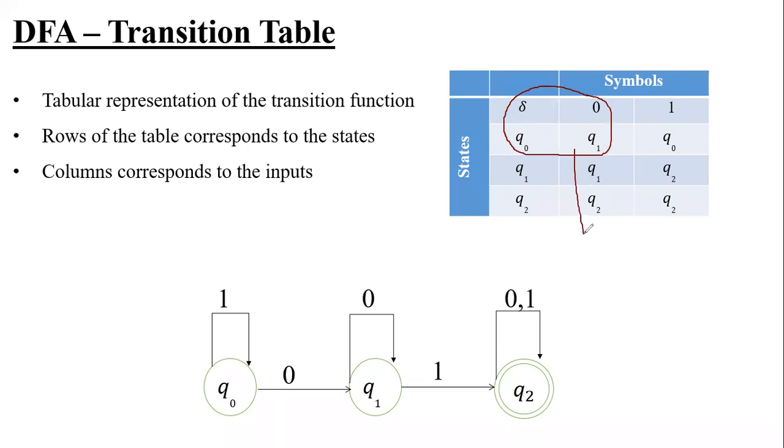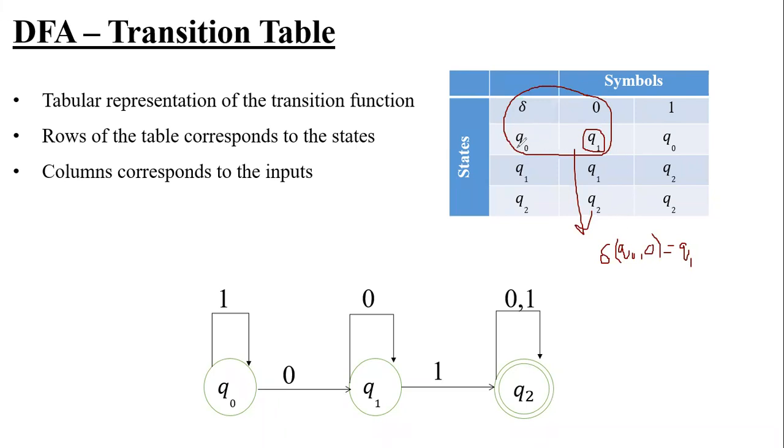The intersection point of Q0 and 0 gives Q1 as the output. So the transition function, I write it again: delta of Q0 with input 0 gives the output Q1. Similarly, all the rows indicate the same thing.